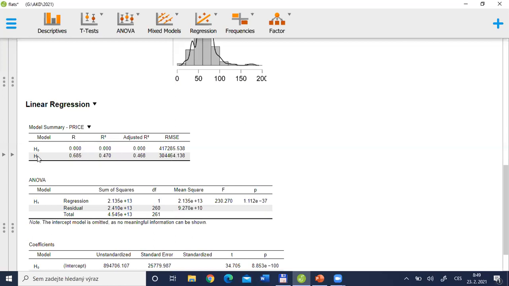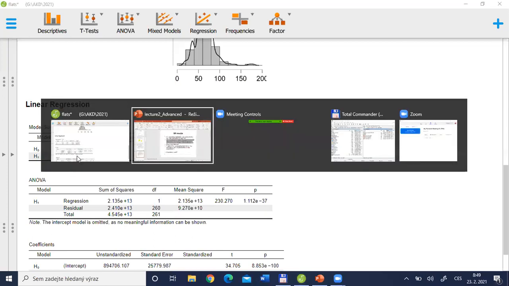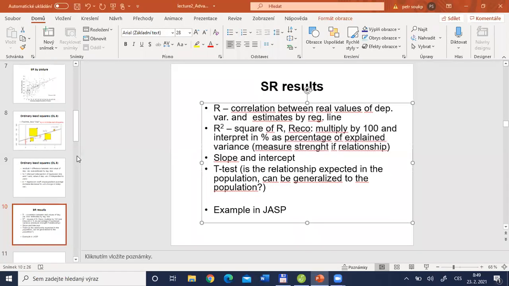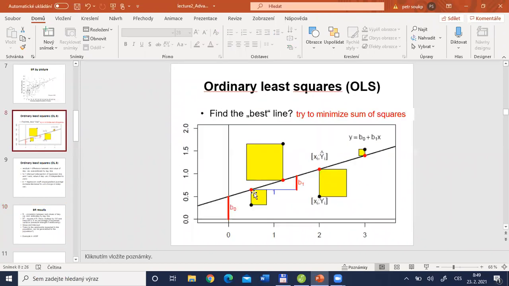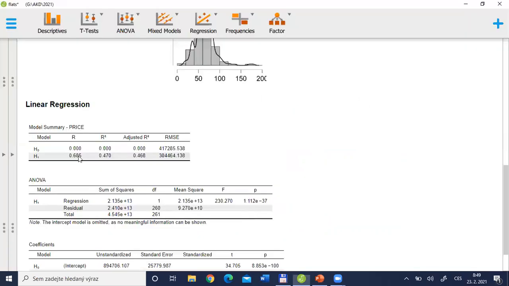But we will read only the second row, and here once again it is repeated that R, for regression, is the correlation between real values and expected values by the model. And this R is 0.685, the same value as previously.